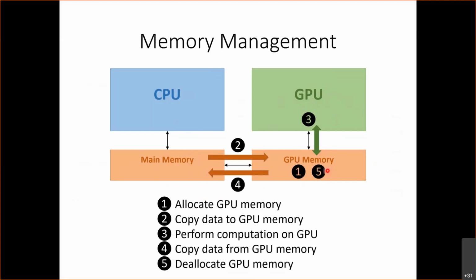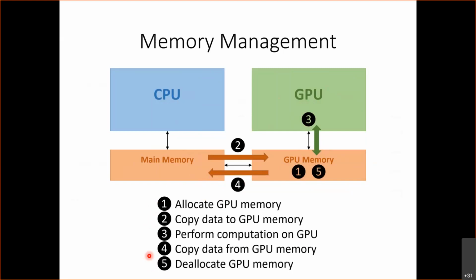So we have to allocate, copy, compute, copy back, and deallocate. These are 5 different things that we need to do, and today we're going to look at how to do them for the vector addition example that we are looking at.